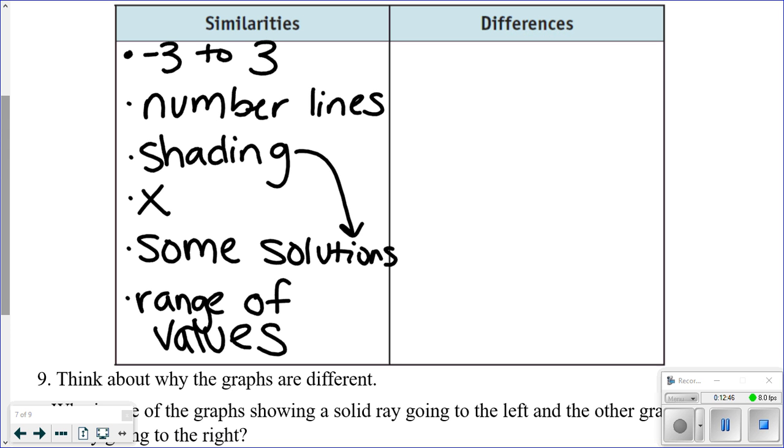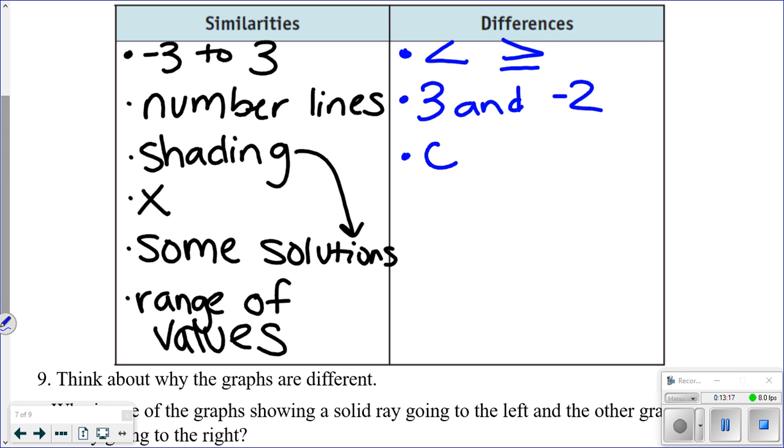Okay, let's take a look at the differences here. What is a main difference? Good, our signs are different. One is a less than symbol, one is greater than or equal to. Perfect. Our numbers are different. Good, one has a 3 and one has a -2. Our circles are different. Perfect.